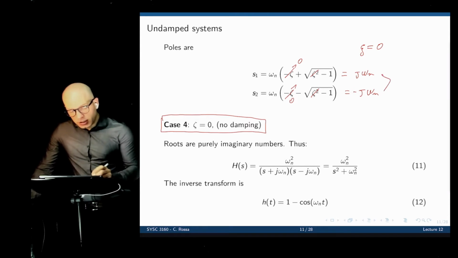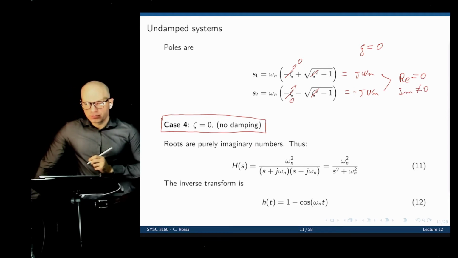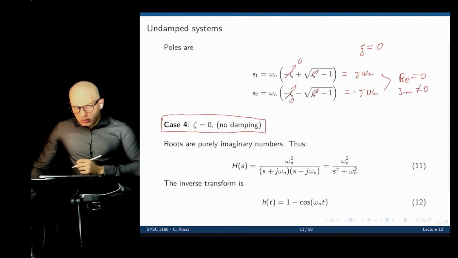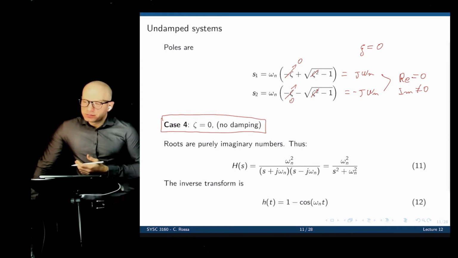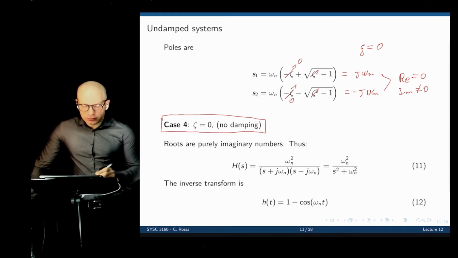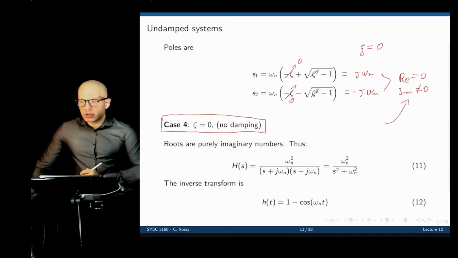And now you see here that the real part of the pole is 0. The imaginary part of the pole is not 0. So the exponential is gone. And now we turn the system into something that only has imaginary components.